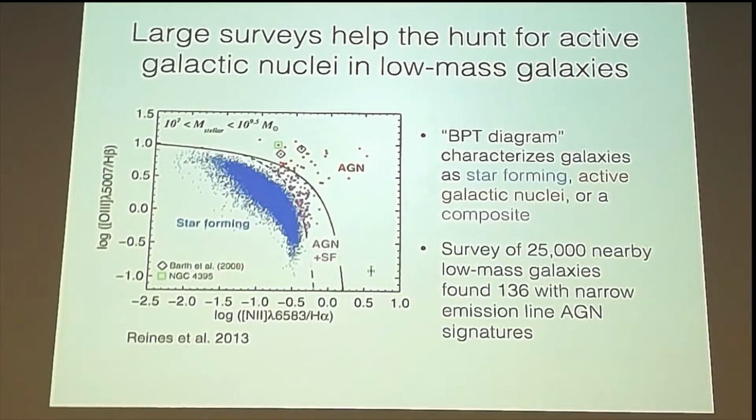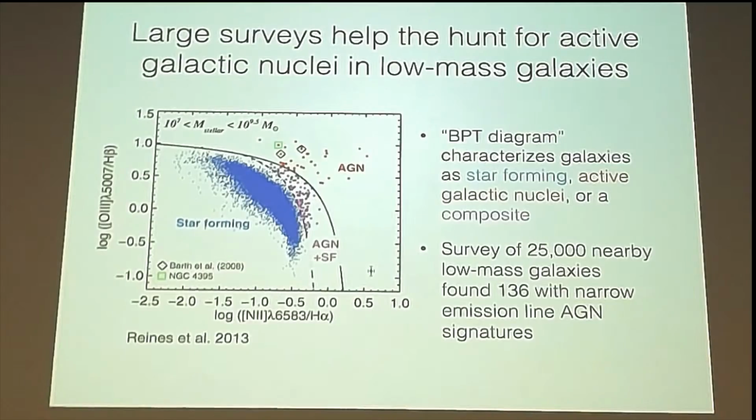It is called a BPT diagram, which is just the initials of the people who first published it. And what this diagram does is plot the relative strengths of certain emission lines. So on the y-axis, oxygen III and H beta, and then on the x-axis, N II and H alpha. It plots the relative strengths of these lines to characterize the dominant source of photoionization in the galaxy.